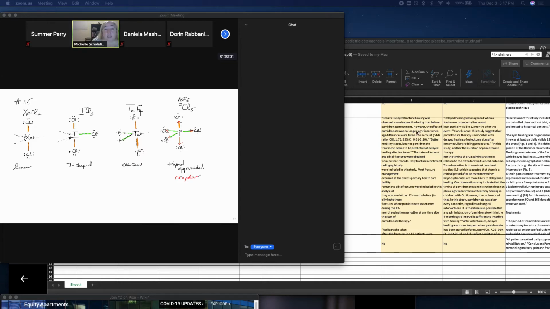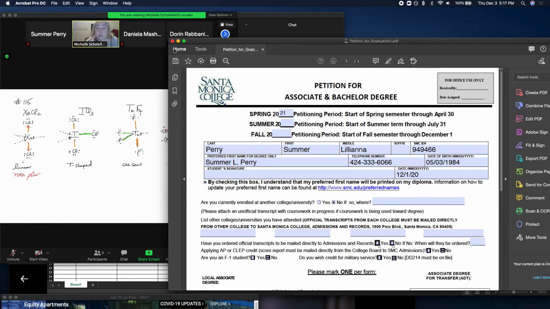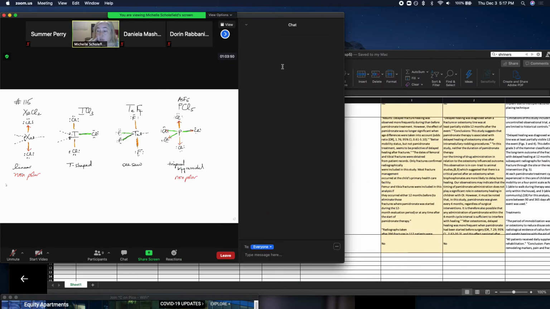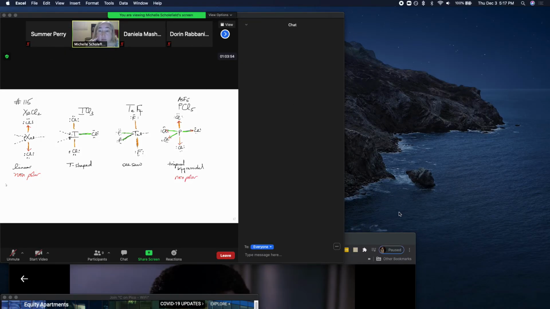Are any of the other structures non-polar? Linear. A linear structure is also non-polar. Why? Because this bond polarity is canceled by this bond polarity. Equal poles in opposite directions, so the bond polarities cancel out.